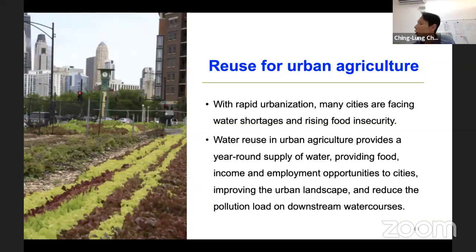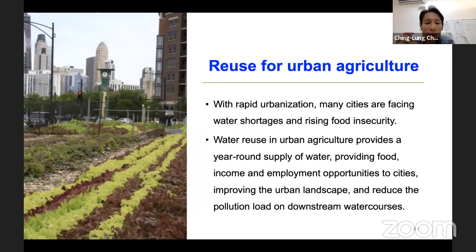so with the rapid urbanization, many cities are facing water shortage and rising food insecurity. Because if we have less water, it means we will also have less water for irrigation. So we are not able to plant vegetables or trees, right?